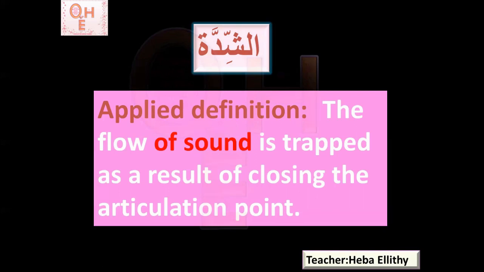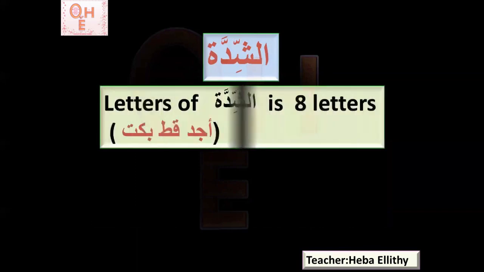Let's continue and see what we mean by the flow of sound being trapped. Before that, let's see the letters to understand how it happens. Letters of Shedda are 8 letters. Scholars put them in the words أجد قط بكت, which means I find a cat cry.